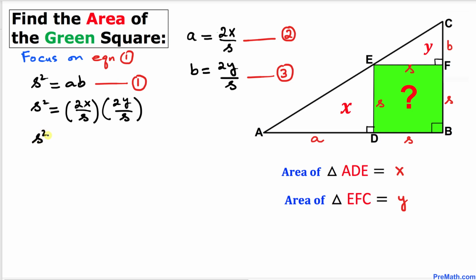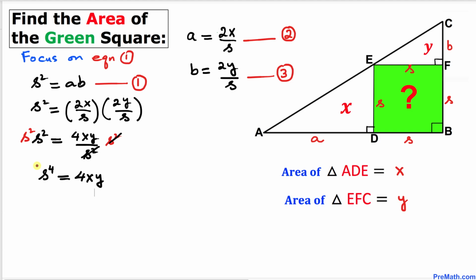We got s square on the left hand side, and on the right hand side we got 4xy divided by s square. Let's remove the fractions. I'm going to multiply by s square on both sides. So on the left hand side, s square times s square is going to give us s power 4. This s square is gone. So we got 4 times xy.